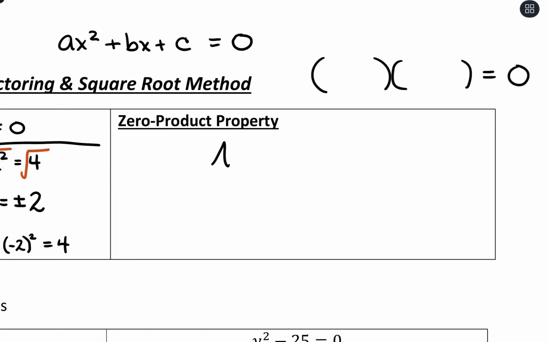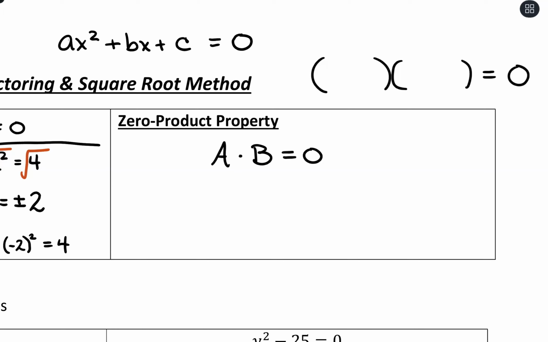So if we have a times b equals 0, well, for something to multiply to 0, one of those has to be equal to 0. So what we can do is end up splitting this up and say, okay, a has to equal 0, or b has to equal 0, or both. But what this will let us do is split up where we have our two factors. We could solve for where one equals 0 and where the other one equals 0.